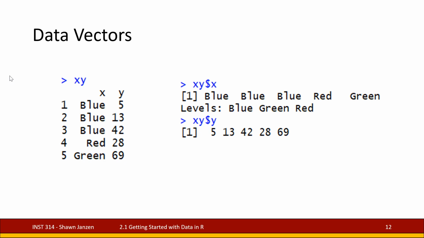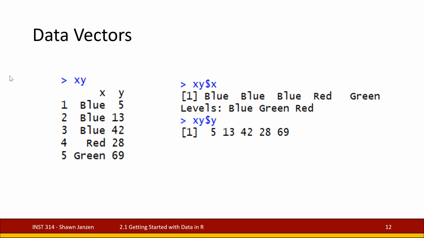It prints out all of the values for x inside data frame xy. And it reports back blue, blue, blue, red, green. And underneath that, because it's being stored as a factor, remember earlier when we were talking about data types, that factors are essentially integers that often have a text label sitting on top of them.